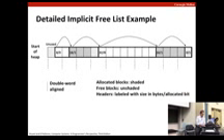So let's look in detail, given this form of implicit list, at how we might set things up. In this case, we're going to assume 4-byte words, int-sized words, and we're going to align on 8-byte boundaries. Remember the payload of our blocks always has to start on an 8-byte boundary.